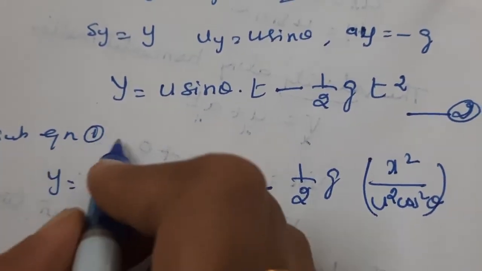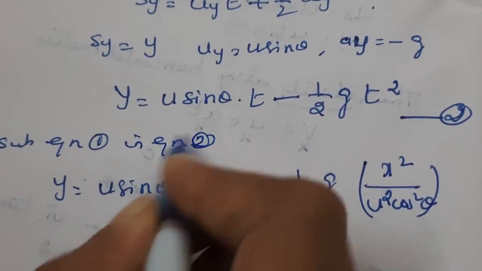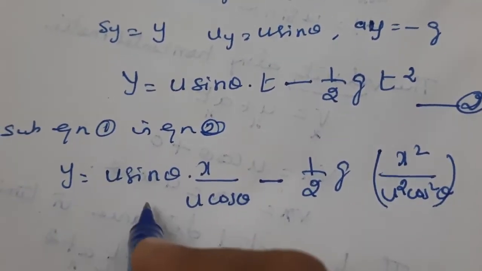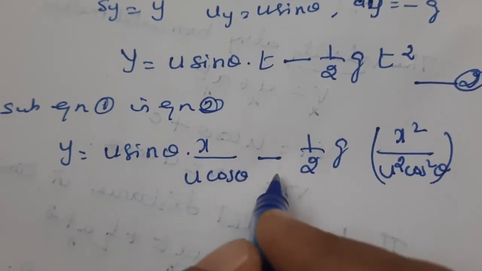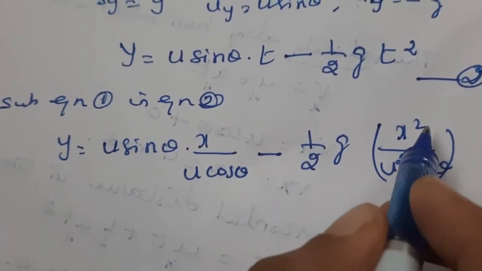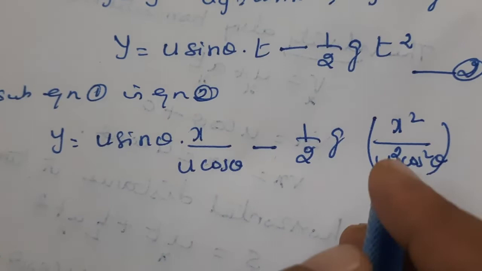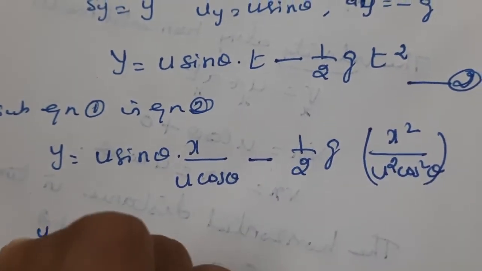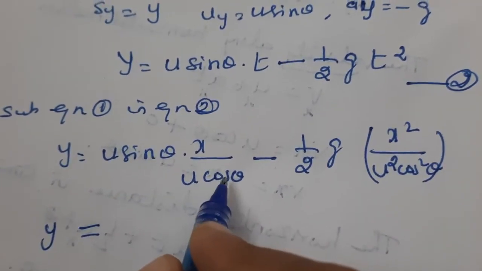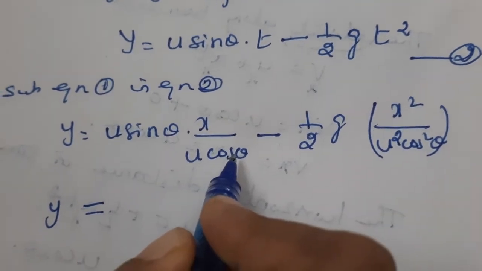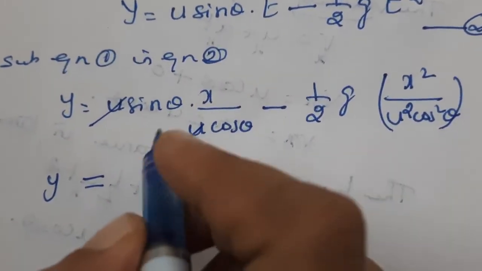So substituting equation 1 in equation 2, we get y equal to u sin theta into x by u cos theta minus half g x square by u square cos square theta. We can simplify this. Sin theta by cos theta is tan theta, and u gets cancelled.